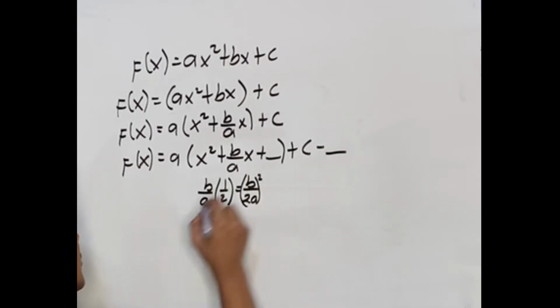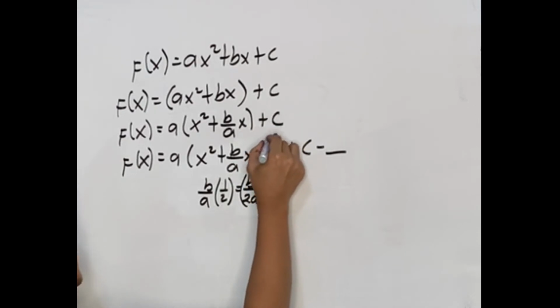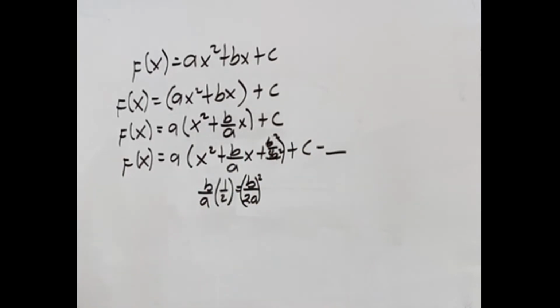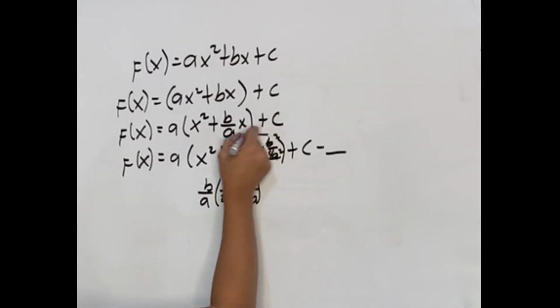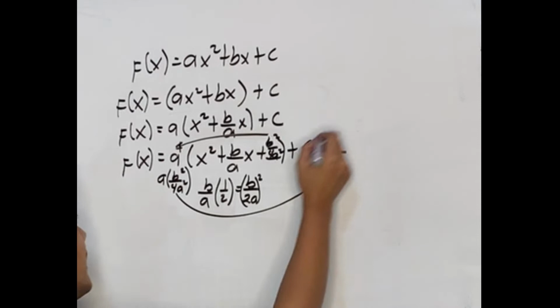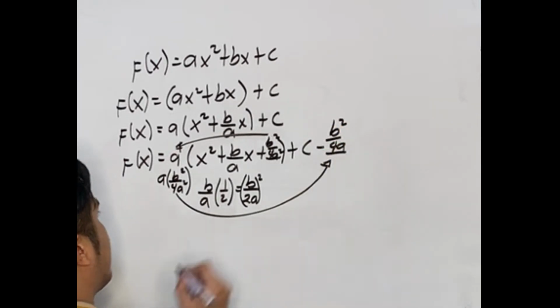Squaring it, you will have b squared over 4a squared. Multiplying it to our coefficient, it will become a times b squared over 4a squared. Writing the product in the second blank, it will become b squared over 4a.